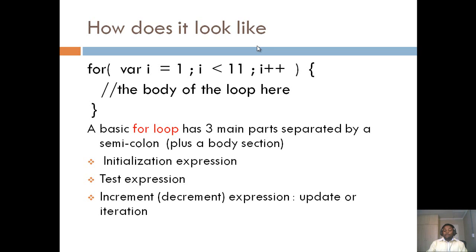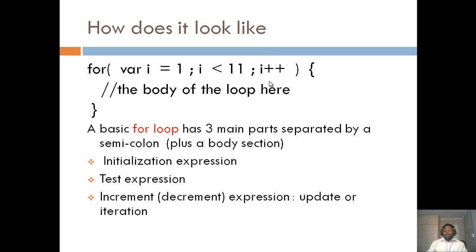It's going to give us 10, and when it tries to go to 11, it's going to realize that 11 is not less than 11, and the loop will simply exit. So that condition has been reached. As soon as the condition returns false, when it gets to 11, the loop is just going to exit.